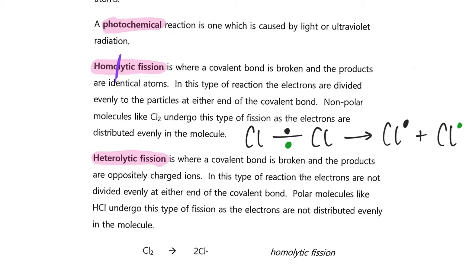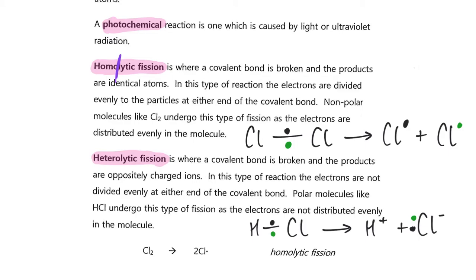That's because in the breaking of this bond, one of the atoms will end up with both of the shared electrons, so it ends up with the electron pair, and the other atom will end up with neither of the electrons. So heterolytic fission literally means different breaking of the bond. In other words, the bond breaks and the products are different.